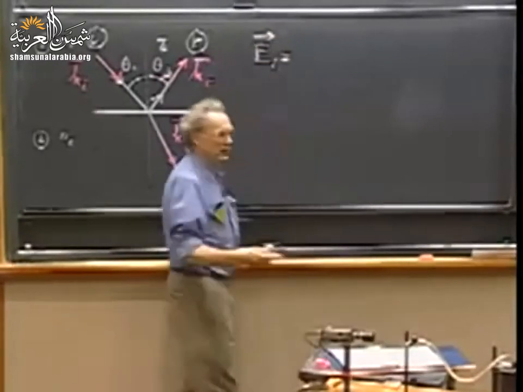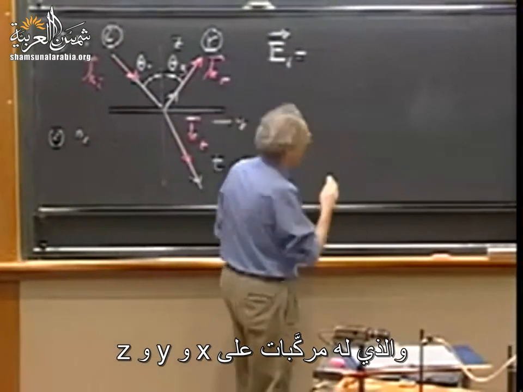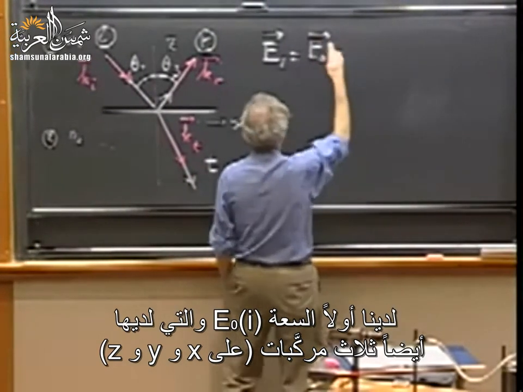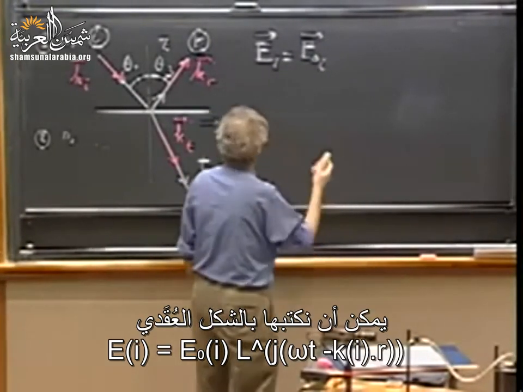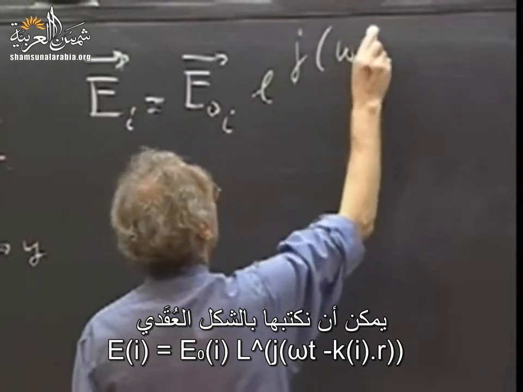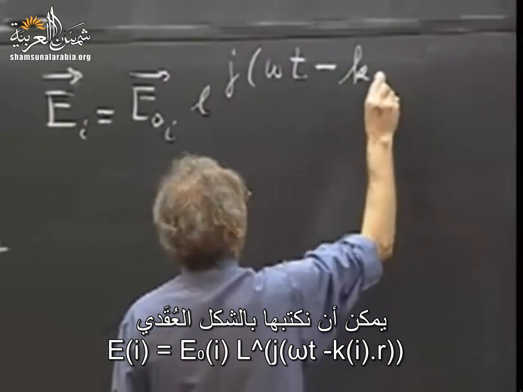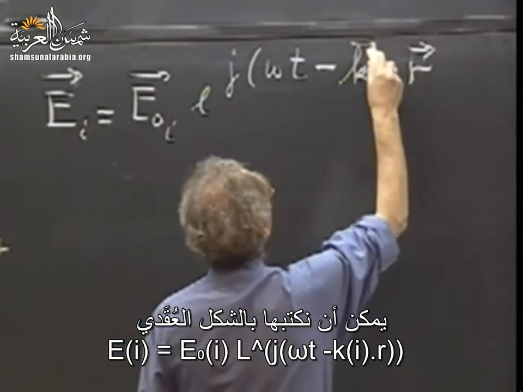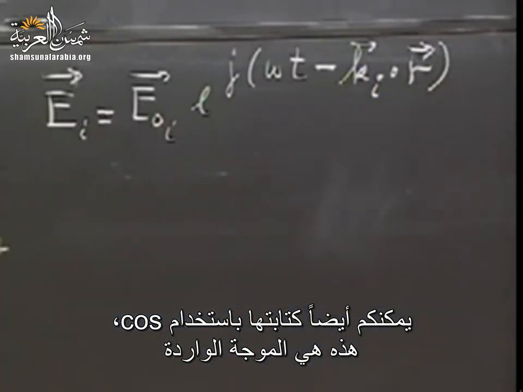This has an x, y, and a z component, as general as I can do it, is E 0 of I, which also has three components, one in x, one in y, and one in z. And then, if you prefer, I can write it down in the complex notation, omega t minus k of I dot r. And this is the vector. But if you like to write it down as the cosine, that's fine too, of course.